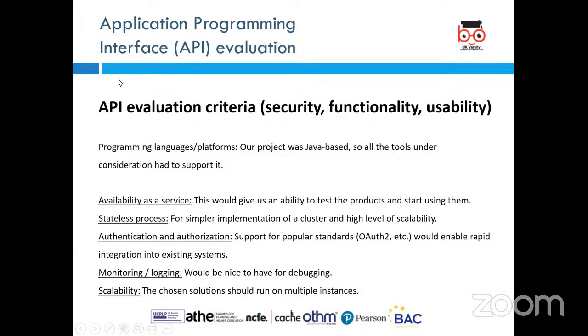So as you can see, programming language, when we have a Java-based project, our tools under consideration have to have this support. So it has to have availability as a service, where we have the ability to test the product, our program. Stateless process, where the implementation of our program has to be at a high level of scalability.